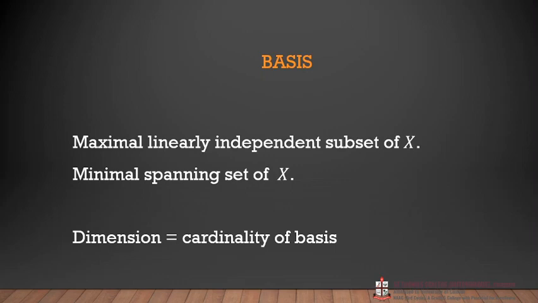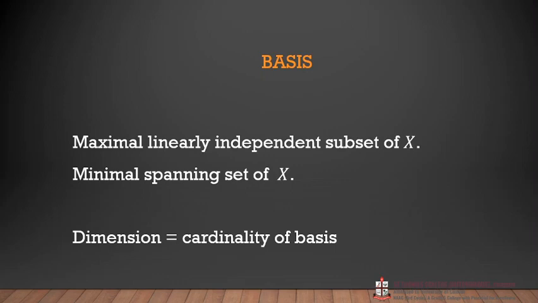It is a minimal spanning set of X, means a basis should span X. But if you remove one vector from that set, it cannot span the entire X. So it is the minimal spanning set of X. And the number of elements in the basis is unique.